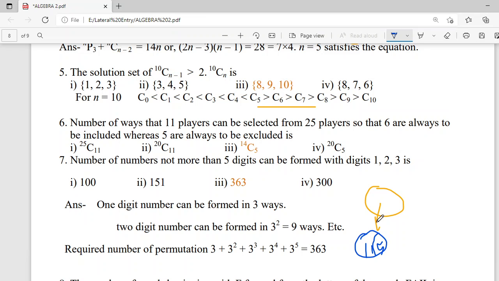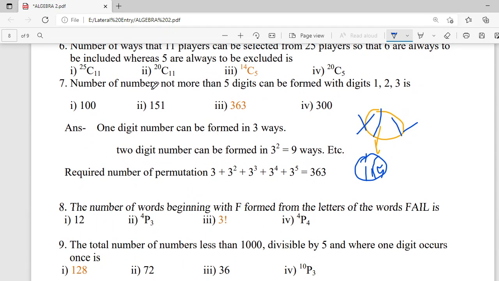Those 6 you omit from this, because they will all come here, and this 5 is excluded, so 5 will not be here. So you have to select from 14, choose 5, so it is 14C5.